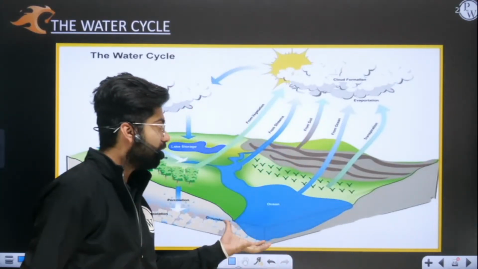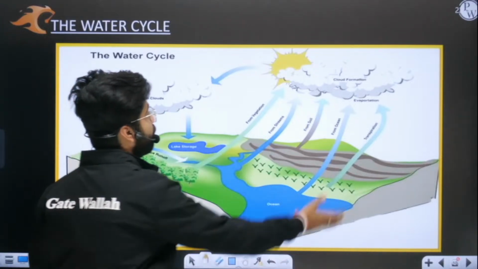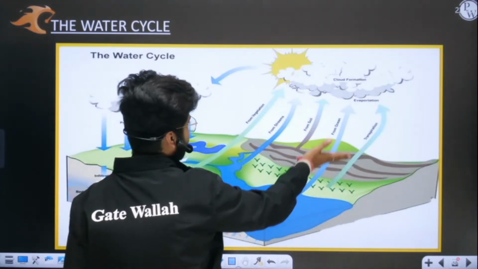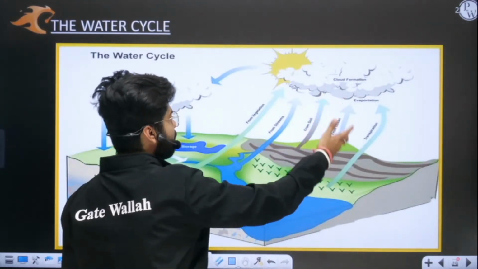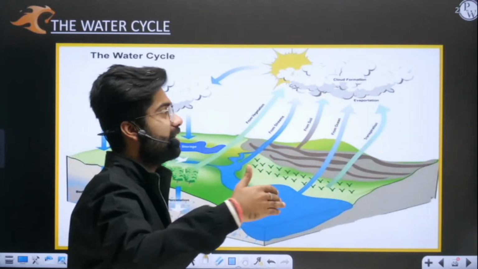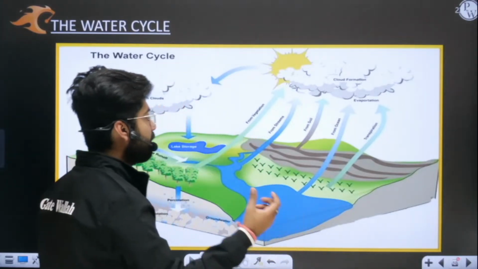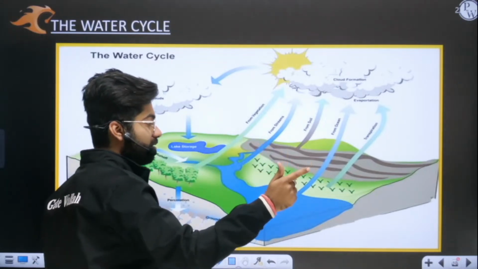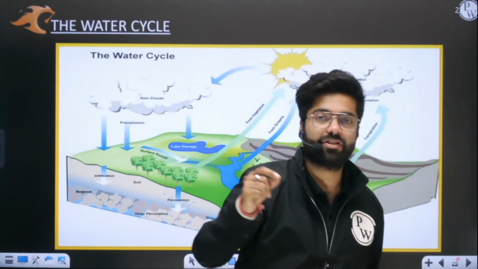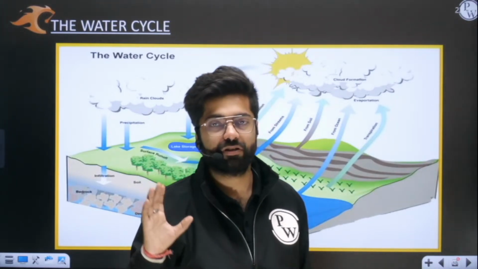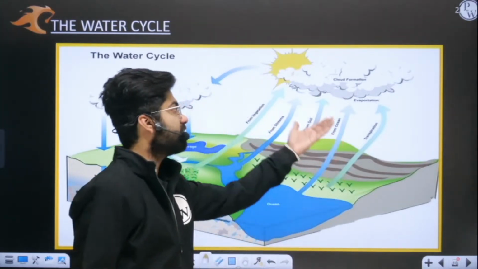So this ocean water will evaporate, and when this water vapor is getting saturated, it will condense to form clouds. So the very first thing which starts is from the oceans, and the phase is evaporation.